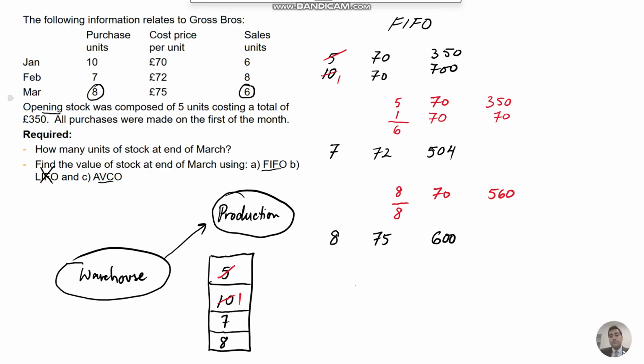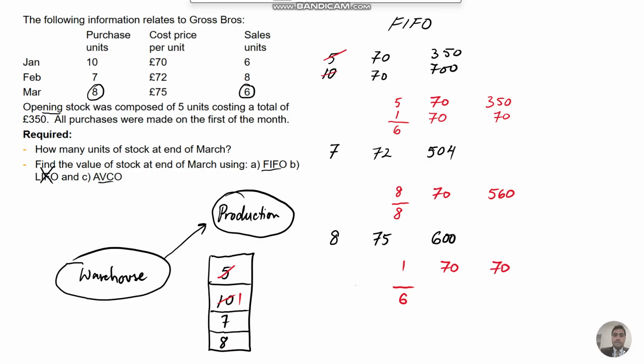Now when he has to issue 6 units, he will be starting from the top shelf. When I say top shelf, he has got 1 unit in the second shelf, so he's going to use that 1 unit, and that 1 unit is coming from here. Well, let me change the color. That is coming from this shelf, and the price is 70, so I'm going to write 70 over here.